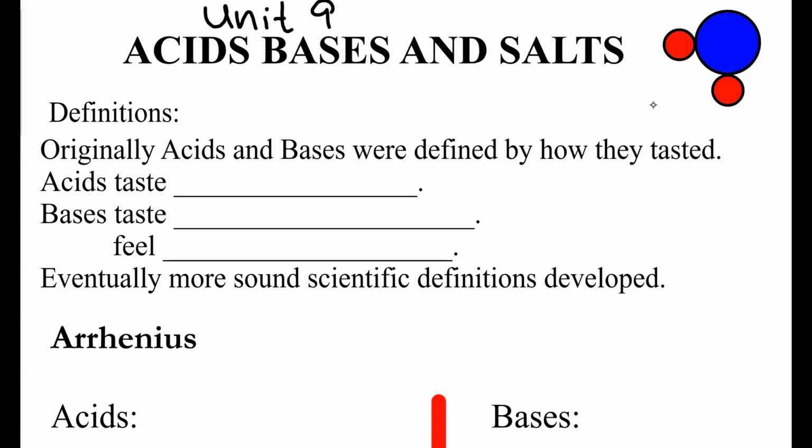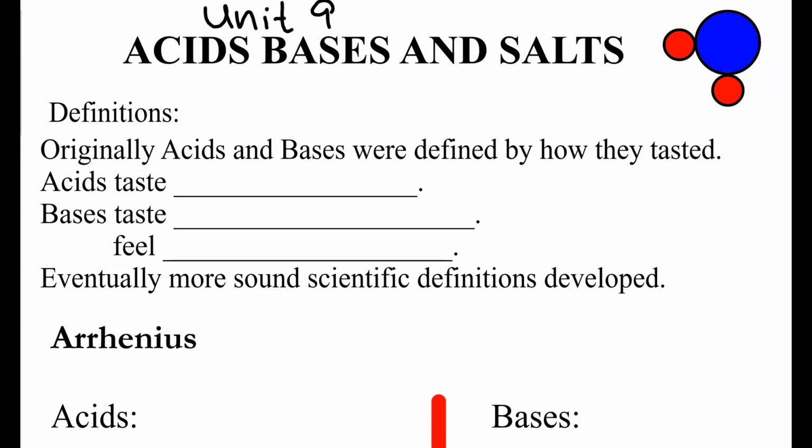All right, so we're going to go through a few definitions for acids and bases, as well as what you should know, which is the pH scale. All right, so definitions. Originally, acids and bases were defined by how they tasted, but as we know, you can't go around licking things.